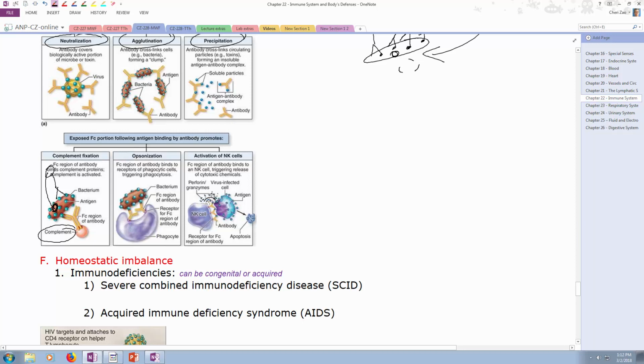And opsonization, remember that we actually can have complement attached to the bacterium to make it more attractive for phagocytes. And activation of natural killer cells for apoptosis, excuse me, and we won't hold you actually responsible for that one.